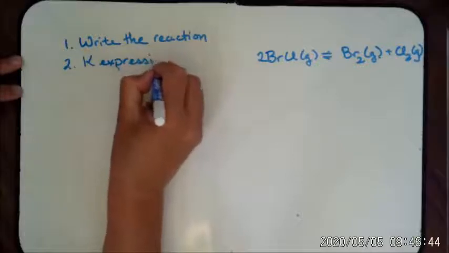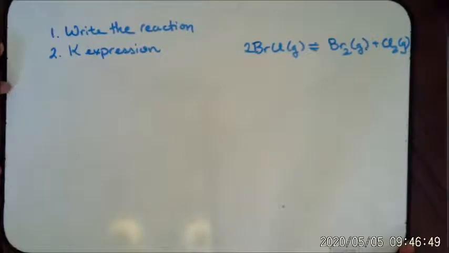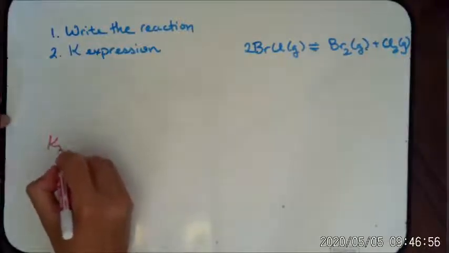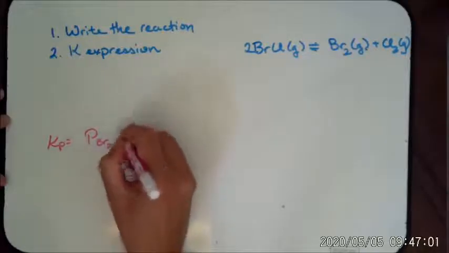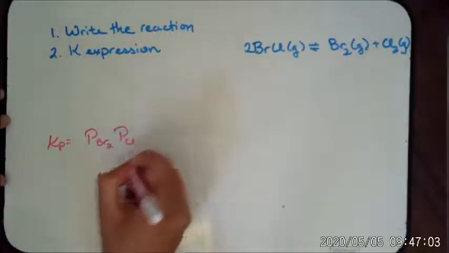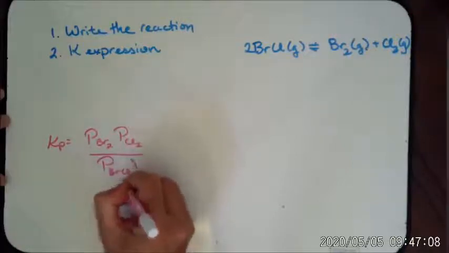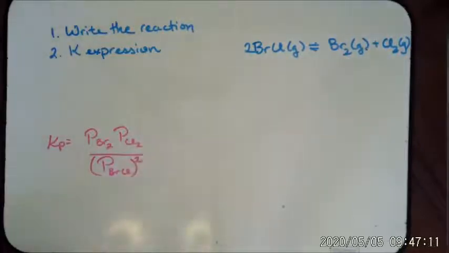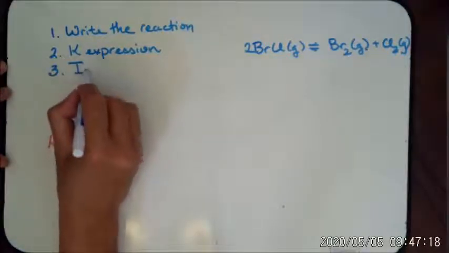For this case, I'm going to do Kp. All right. I'm going to write it over here. Partial pressure of bromine times the partial pressure of chlorine divided by the partial pressure of bromine chloride squared. Okay. And then we're going to do the ICE table.